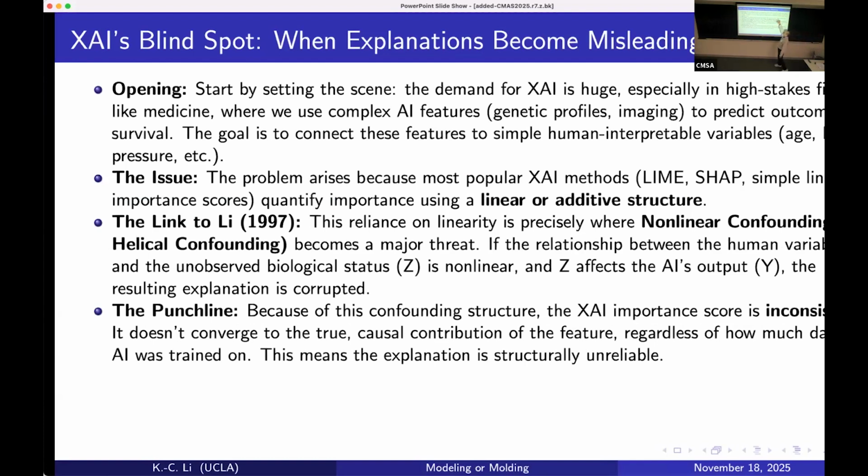It says the manual exercise, the diffusion problem about high stack and that, and the issue is that sometimes you have to stick with additive models, just for simplicity, but that is popular. But the nonlinear relationship is important, and the punchline is that this basis confounding makes XAI impact scores inconsistent, and so on. It's a beautiful piece of advice for me, but I have still not done it.